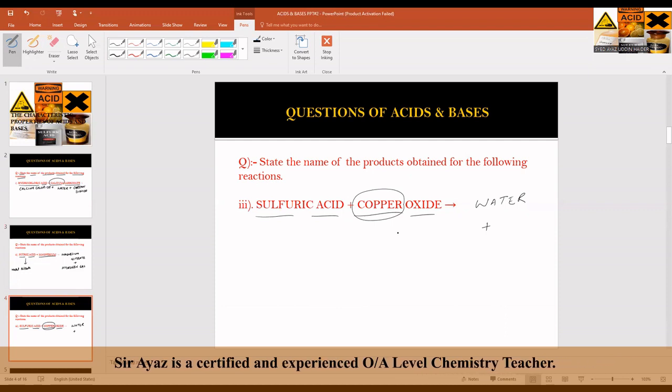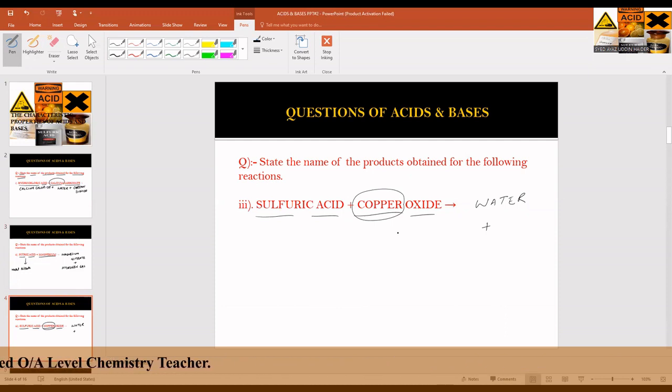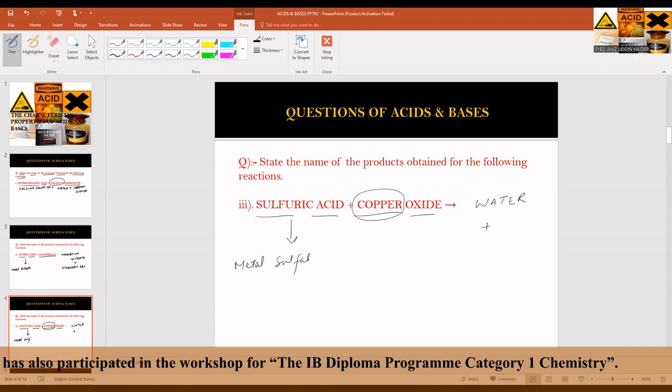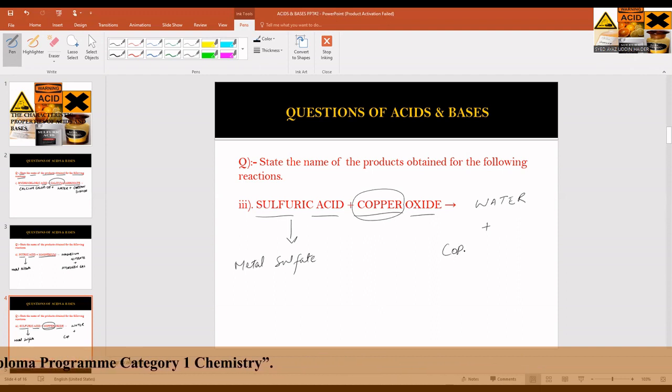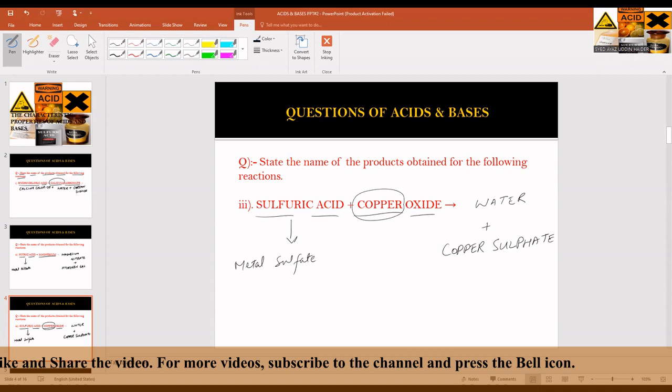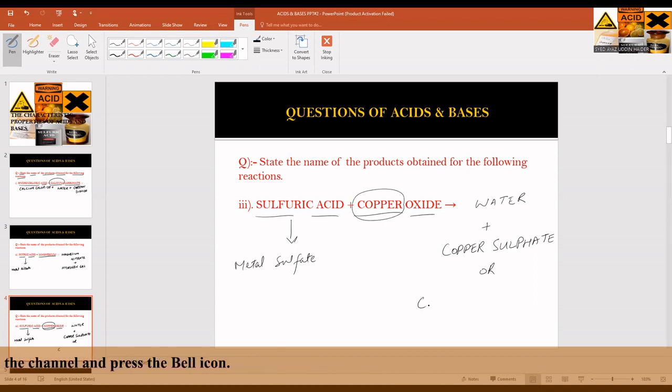So copper will be the metal which is reacting with sulfuric acid to produce metal sulfate. The salt will be metal sulfate. So you will write copper sulfate. Or you can even write copper(II) sulfate by looking at the valency of the sulfate ion in the compound.